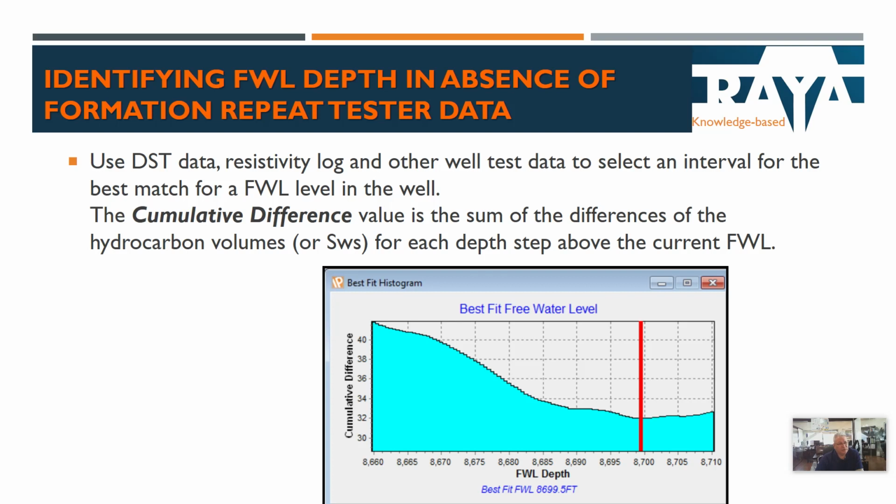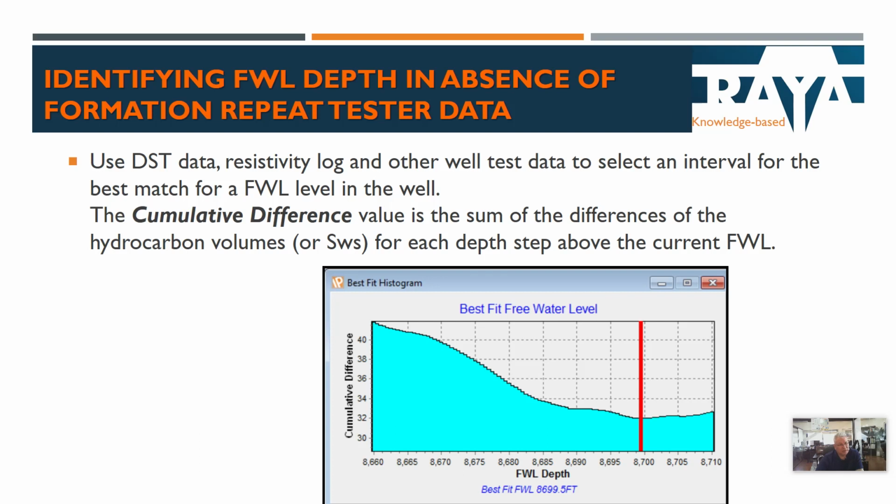Basically we need to use the free water level from formation pressure tester data to define the free water level exactly. If we don't have these data, we need to define an interval to the software, which finds us the best fit for free water level.